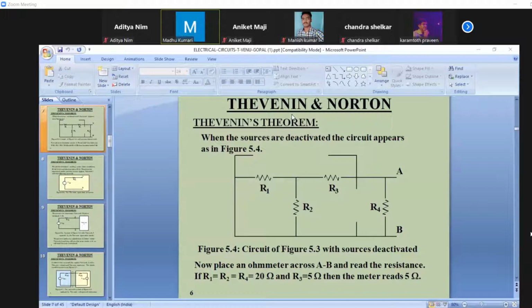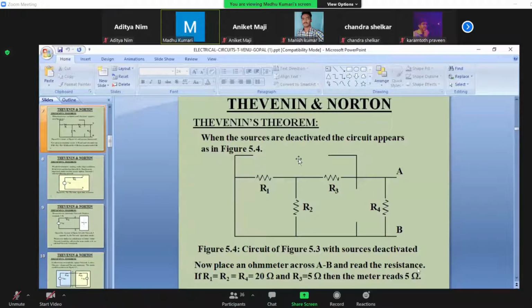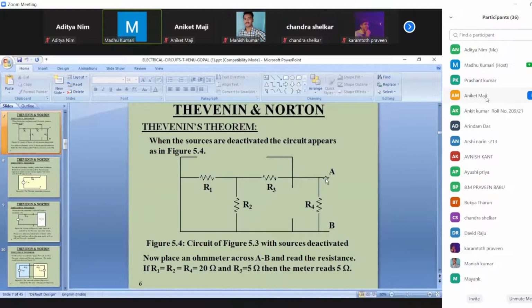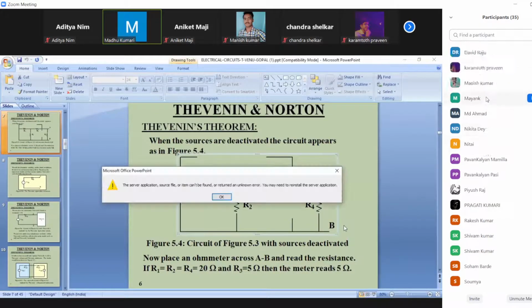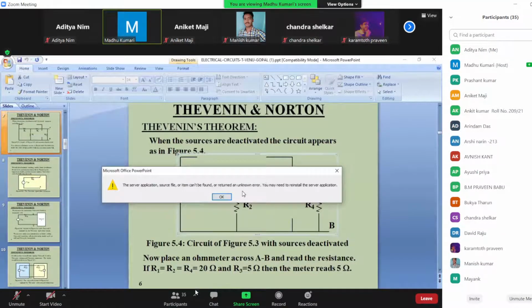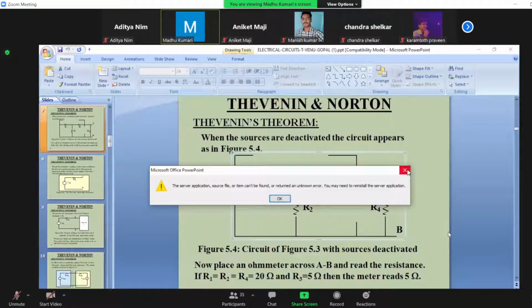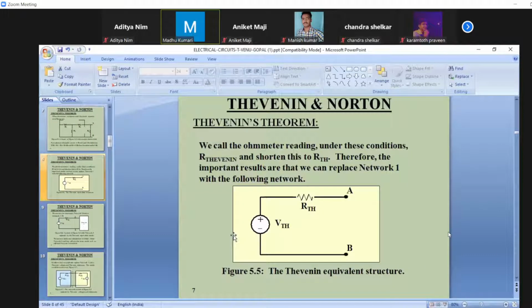Now, for Thevenin's theorem, in this slide you are seeing that there are many network resistances connected, and these are the open points. This point is open, and this point is open, and we have to calculate the voltage across A and B. So first of all, we have to convert any network into one source and one equivalent resistance.